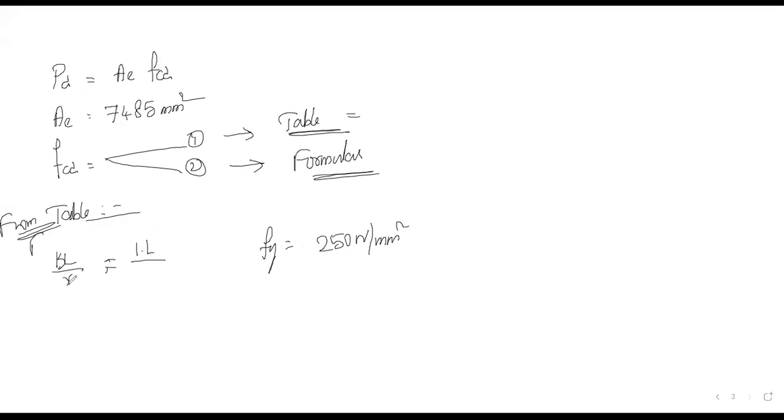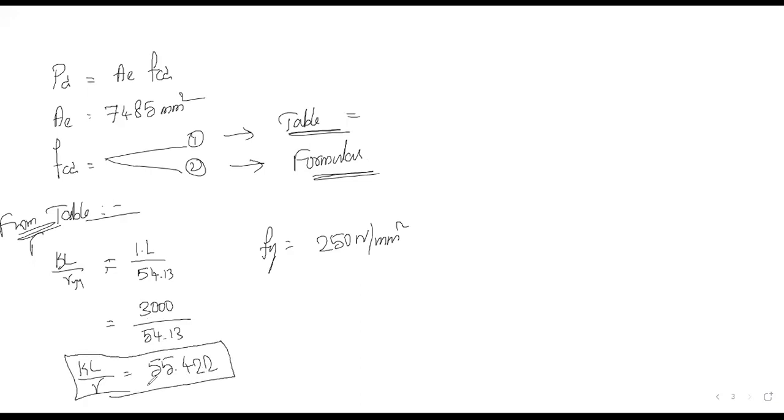R is the least radius of gyration, so RYY here. So RYY value becomes 54.13. So 1 into L is 3000 divided by 54.13. So the value of KL by R is 55.422.